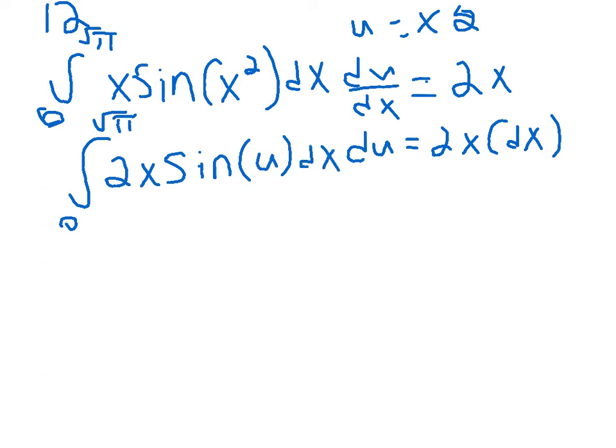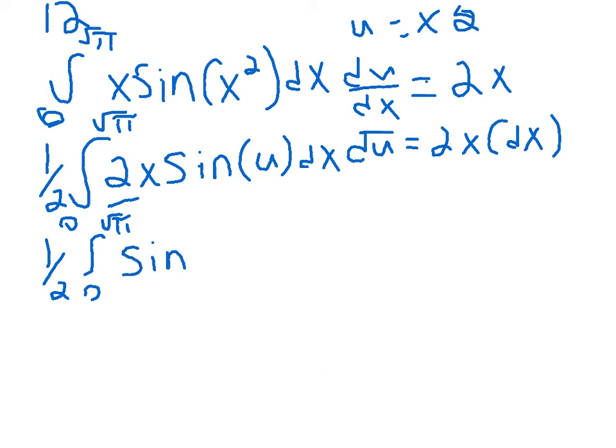But now that you put a 2 right here inside the function, you need to multiply the reciprocal to cancel that out. So that's going to be 1/2 on the outside. Now you can simplify, and the 2x dx can now be substituted for du. So the 1/2 carries down from 0 to radical pi of sine of u du.